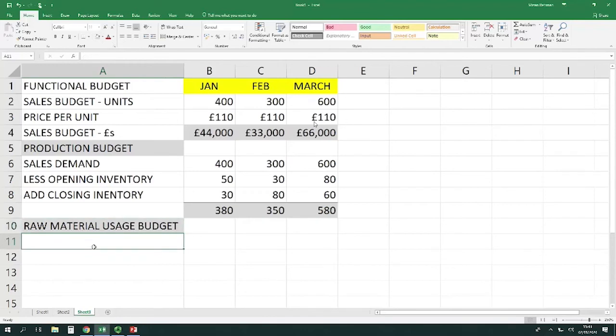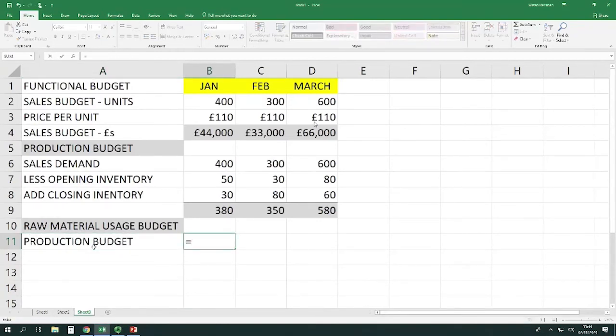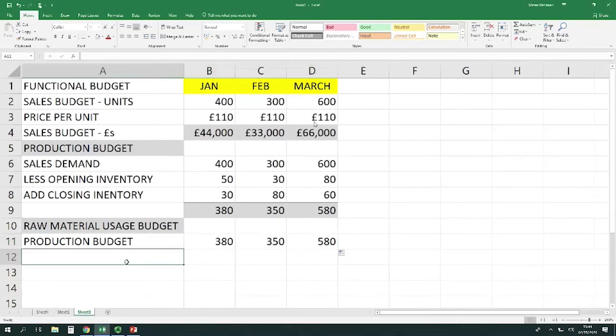And again, this depends on the production department. Once the production department knows how much they're going to produce, they're going to communicate this to our procurement department. 380, 350, and 580. Material kgs per unit, 3.